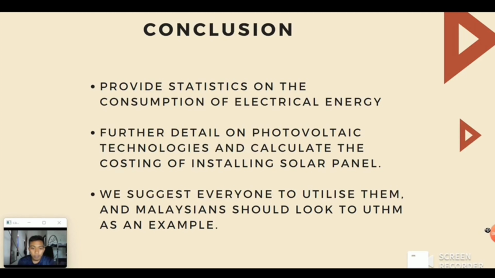After that, we also went into further detail on photovoltaic technologies and calculated the costing of installing solar panels. So the cost of installing solar panels is 36,170 ringgit. Therefore, because rooftop photovoltaic systems are secure, affordable, and efficient, we suggest everyone to utilize them. And Malaysia should look to UTHM as an example. So that's all from me.